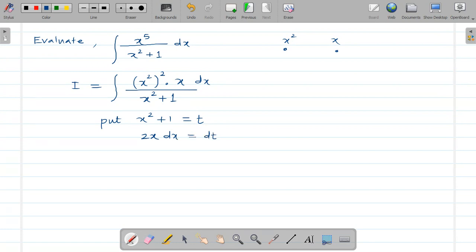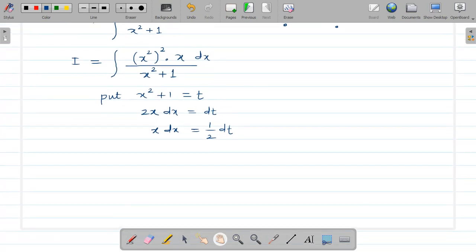Derivative of x square is 2x, plus 1 derivative is 0. So we get 2x dx is equal to dt. That means we will replace x dx as 1 upon 2 times dt. Okay. Now what happens here? I will change the integration. So integration becomes, now see the numerator, it is x square raised to 2, but the substitution is x square plus 1 is equal to t.